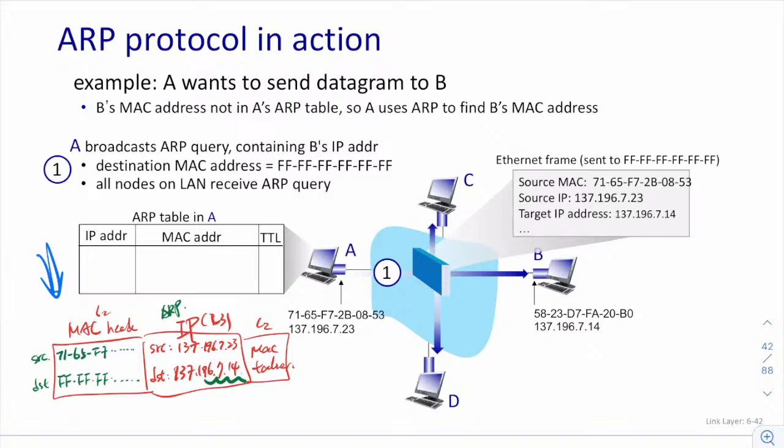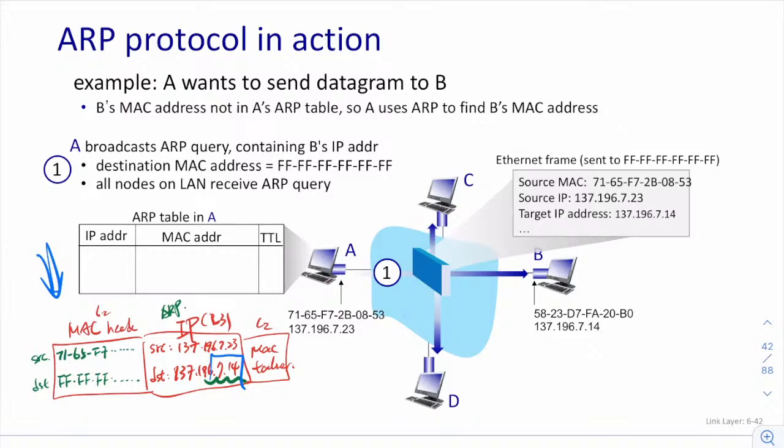Basically, A will send an ARP query. It is a packet. At layer 3, it is quite simple, because A knows its own IP address, 137.196.7.23, and it also knows B's destination address, which is 137.196.7.14.